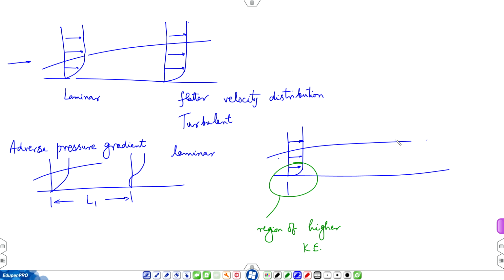As a result, there will be flow separation here also, we expect a delay in the point of separation.